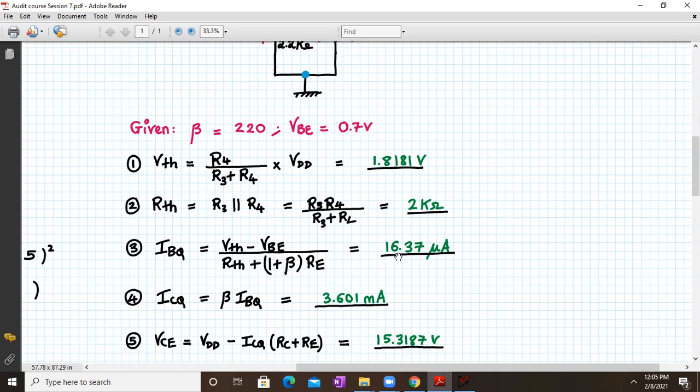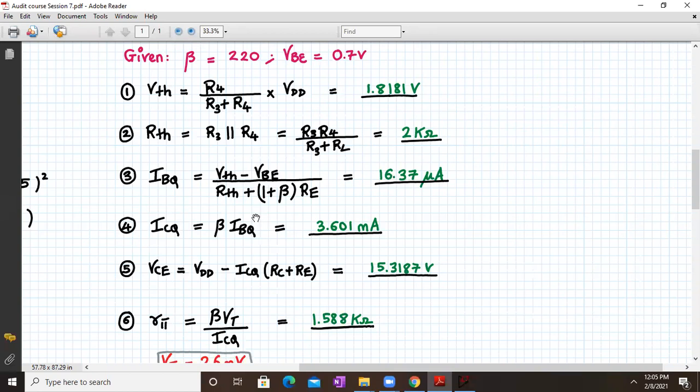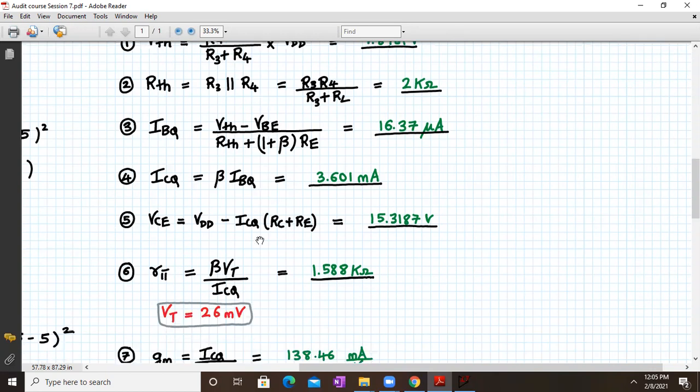If you work it out on a calculator, you will get the IBQ value as 16.37 microamperes. Now, the collector current is given by beta times IBQ, which is 220 into IBQ, and that will be 3.601 milliamperes. VCE will be VDD minus ICQ into RC plus RE, so that number will be 15.3187 volt.